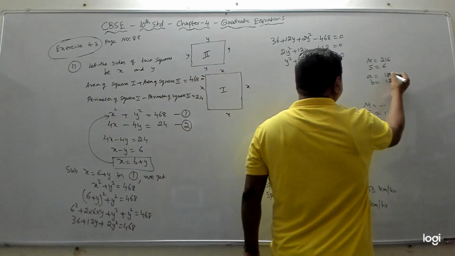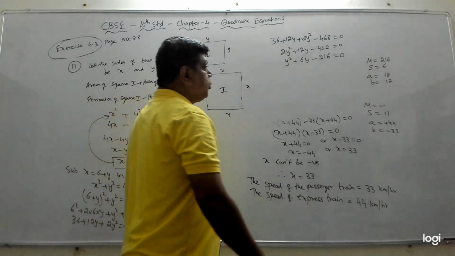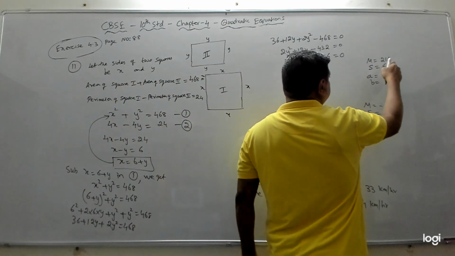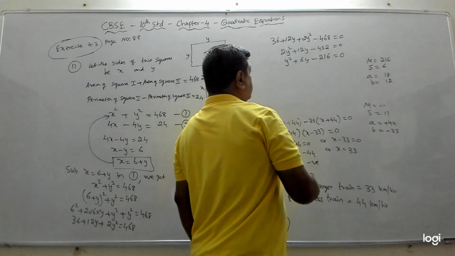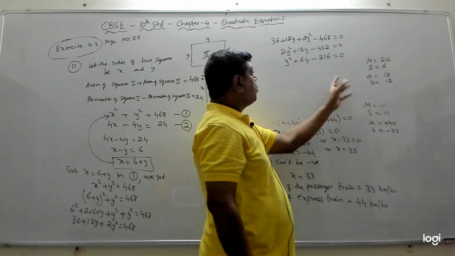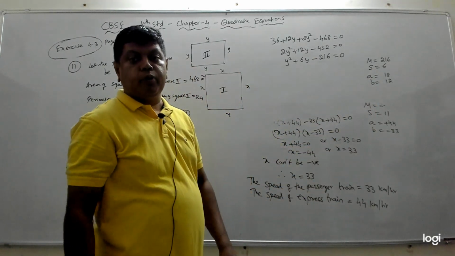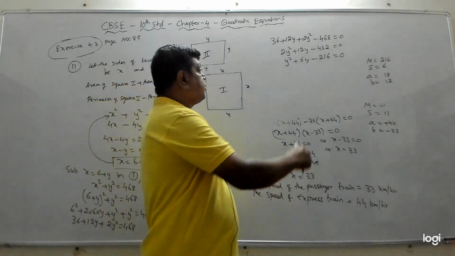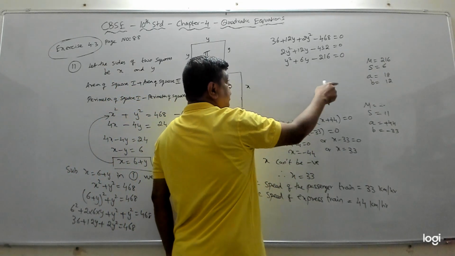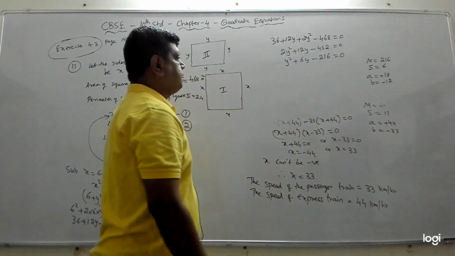If you multiply 18 into 12, you'll get 216, and if you subtract 18 minus 12, you'll get 6. Now we have to decide the sign of these two. It is a subtraction case, so one number will be positive and the other negative. To find which is which, we see this sign. This plus means the greater number will take the plus sign. So it will become plus and this will become minus.